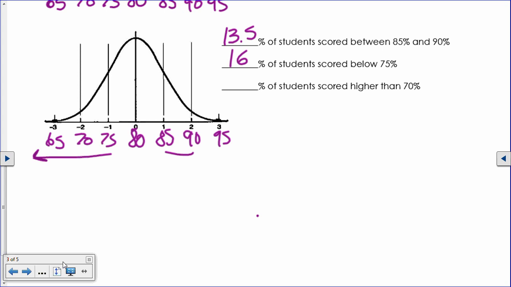So you could do 50 minus 34 because you don't want this piece. You want everything except for that. So there are 2 different ways to see this. You can either add the separate pieces together or subtract what you don't want, either from 50 or 100. So there are several different ways to approach it, just whatever clicks faster. Go with that. What about higher than 70?